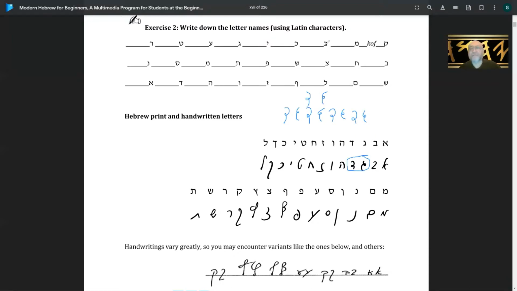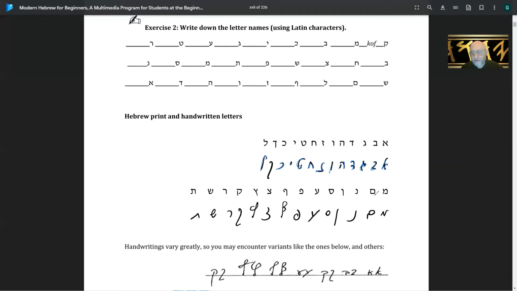Dalet. All right. Now, so Aleph, Bet, Gimel, Dalet, Hey, Vav, Zayin, Chet, Tet, Yod, Chaf, Lamed.